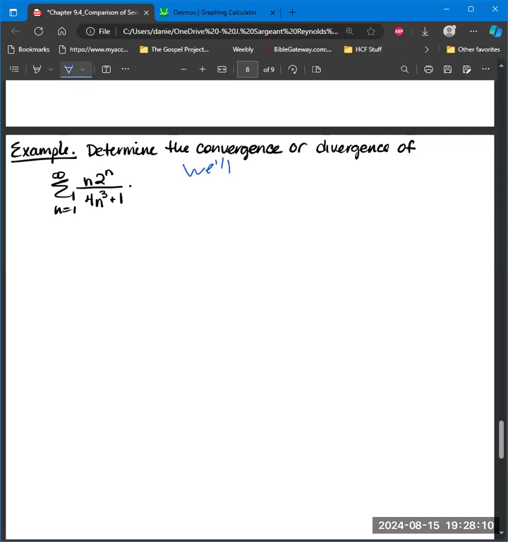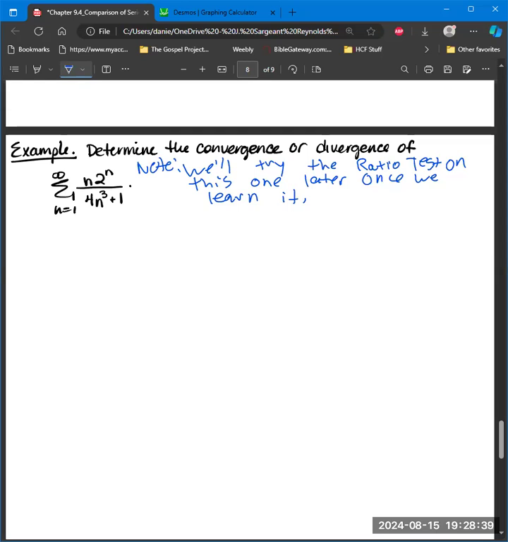We'll try the ratio test on this one later, once we learn it. So just note that we'll see this one again in our notes later.